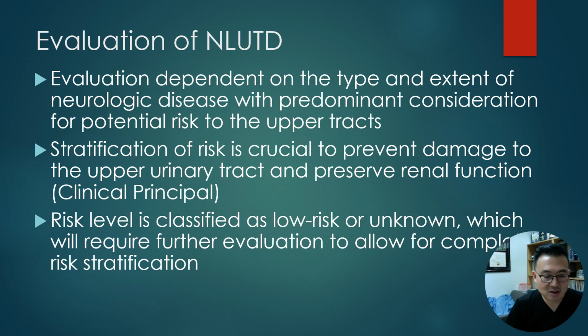Some of these conditions may cause decreased compliance or urinary retention or abnormal pressures in the bladder that may be transmitted up to the kidneys and may eventually cause kidney failure. And initially, we classify the risk level as either low risk or unknown. And if it's an unknown risk, you'll need further evaluation to allow for complete risk stratification.